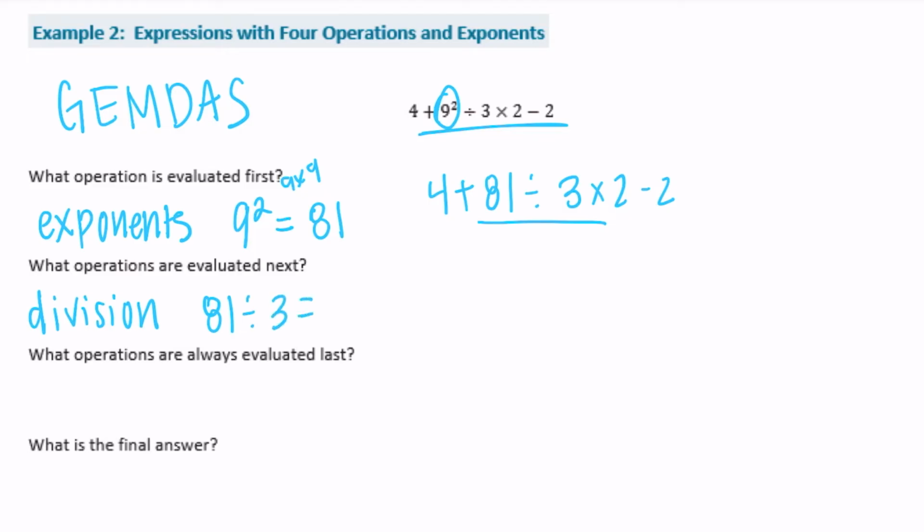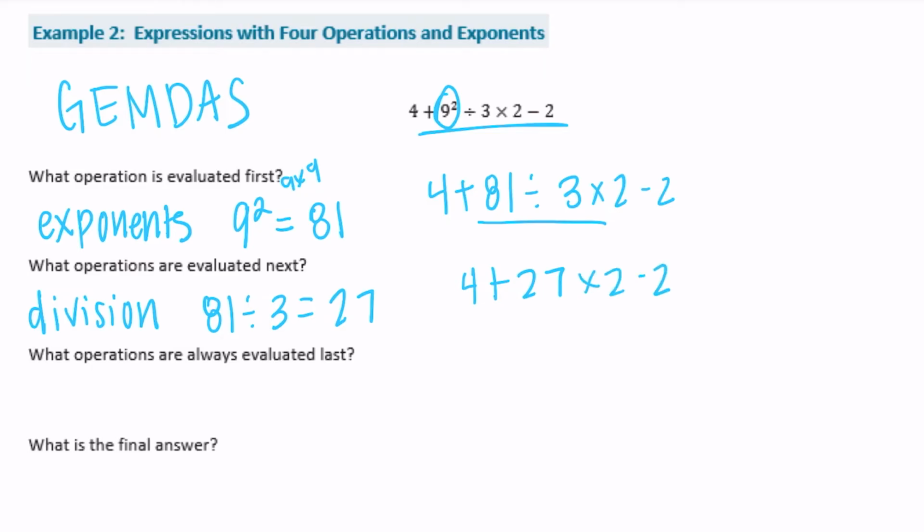And 81 divided by 3 is equal to 27. So let's rewrite it. So we have 4 plus, we did 81 divided by 3 is 27, times 2 minus 2.